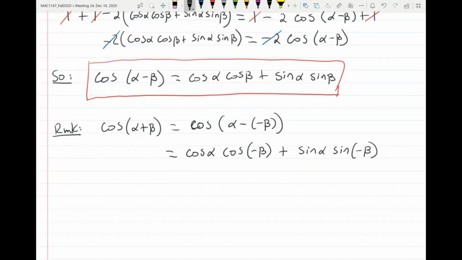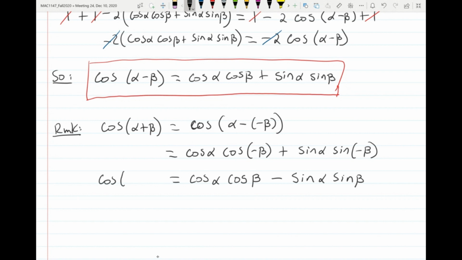Okay, but now we're gonna use the even odd identities. So what do we have for the even odd identities? Remember, cosine is an even function, so it gets rid of the minus. So cosine of negative beta is just cosine of beta. And now sine is an odd function, so you can take the minus out. So the minus of negative beta comes out, turning the plus into a negative.